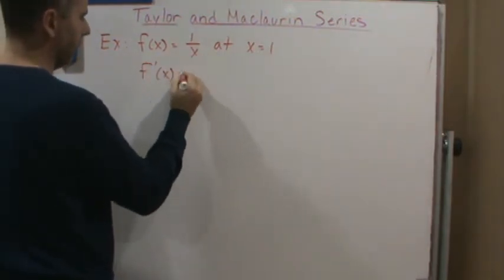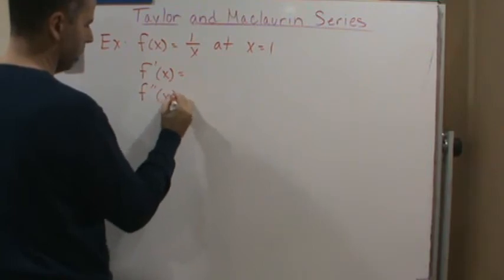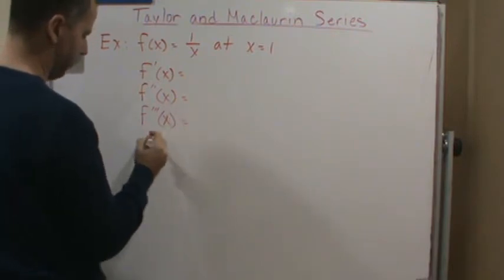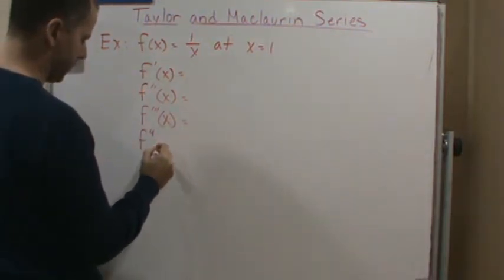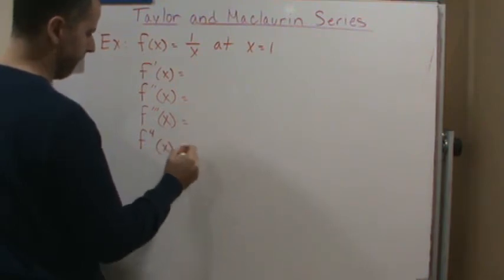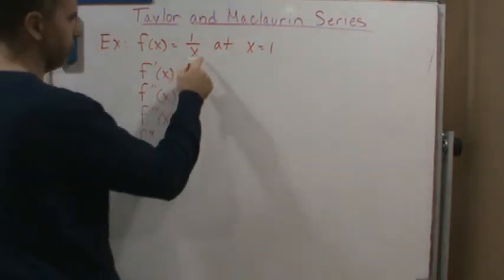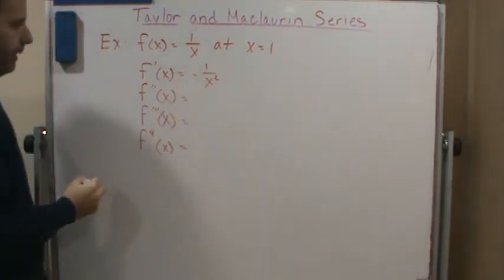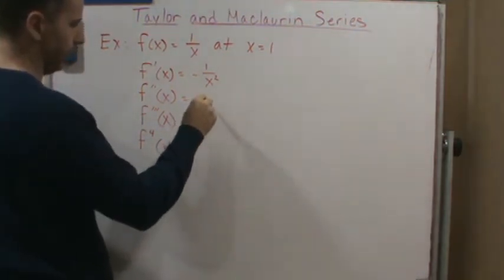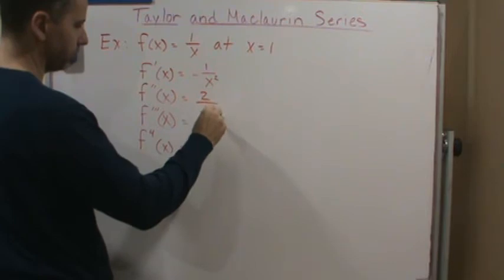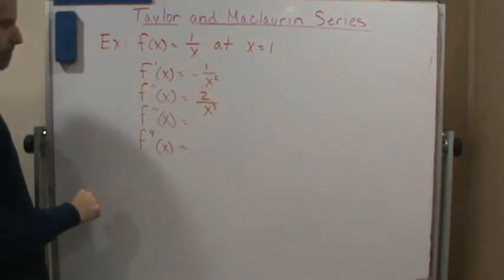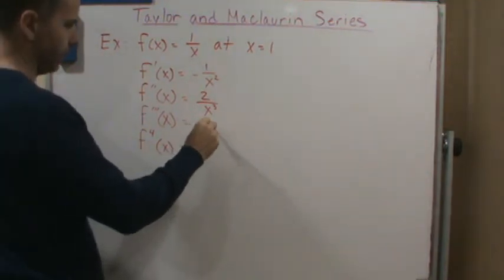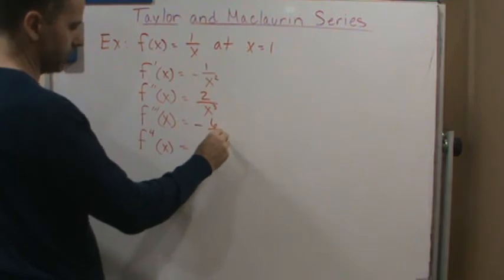So we got 1, 2, 3, 4. The first derivative of this would be negative 1 over x squared. The second one would be 2 over x cubed. The next one would be negative 6 over x to the 4th.